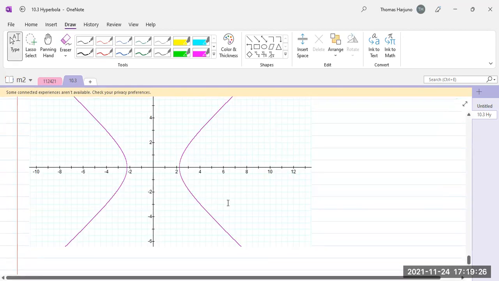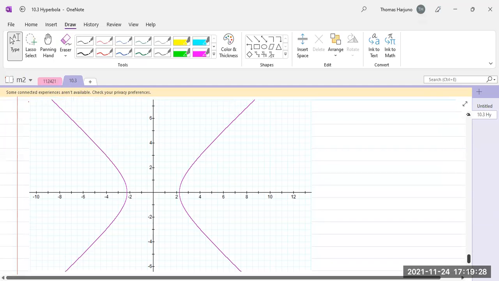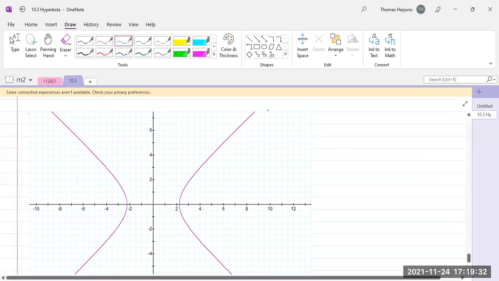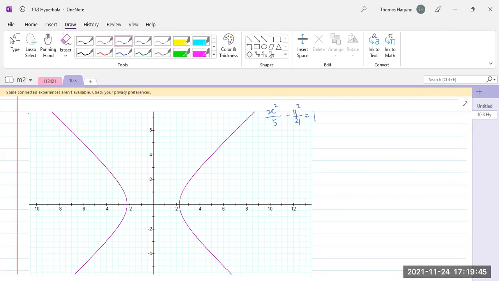I want to explain our definition a little bit. Now, this hyperbola has the equation x squared over 5 minus y squared over 4 equals 1. Okay, now I will explain the idea of the definition of that hyperbola.